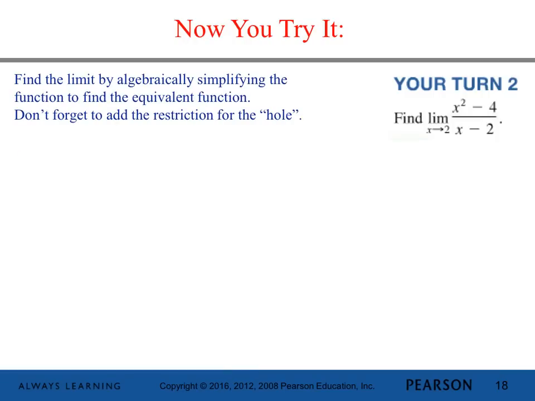Then I'm going to ask you to find the limit algebraically by simplifying that function to find an equivalent function for x squared minus 4 divided by the quantity x minus 2. And please, please, please don't forget to include the restriction for the hole, because otherwise the function is not equivalent.